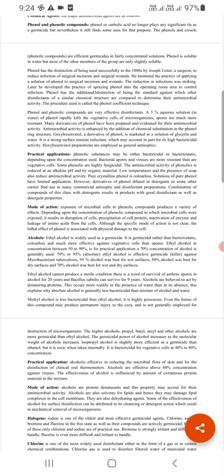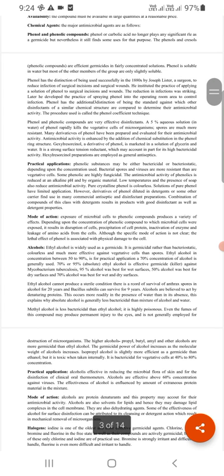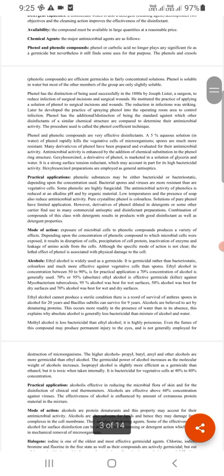However, derivatives of phenol diluted in detergent or some other carrier find use in many commercial antiseptics and disinfectant preparations. Combination of compounds of this class with a detergent results in products with good disinfectant as well as detergent properties.